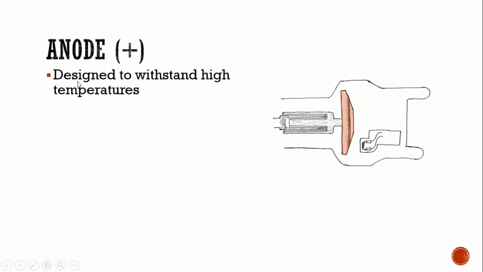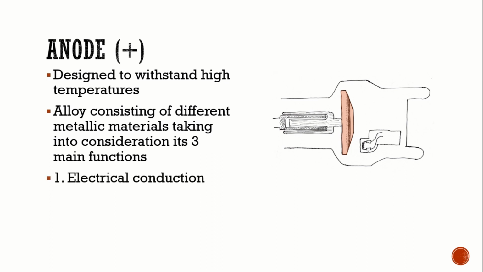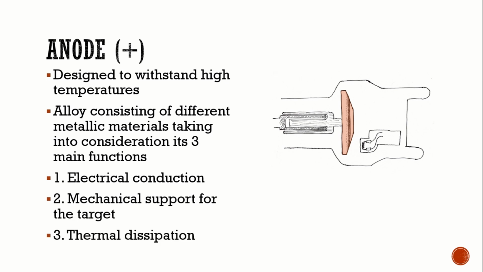Your anode is designed to withstand high temperatures. It is an alloy consisting of different metallic materials, taking into consideration the three main functions of your anode. They are electrical conduction, mechanical support for the target, and thermal dissipation.